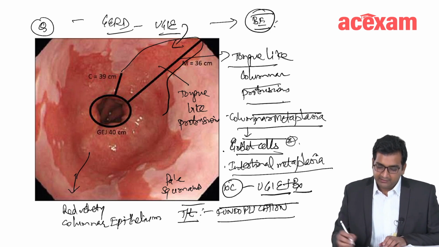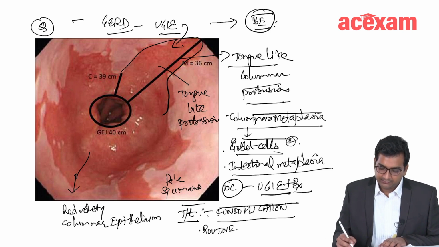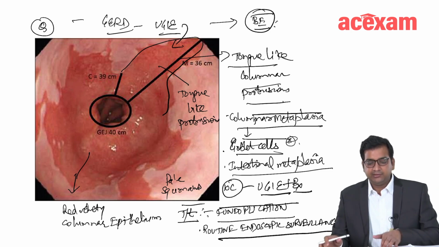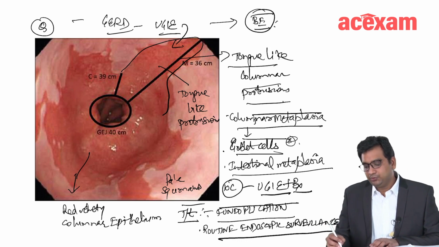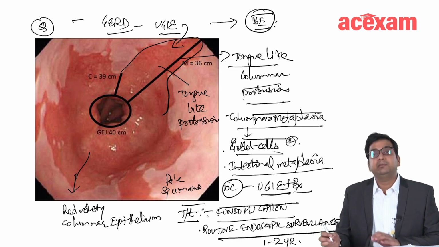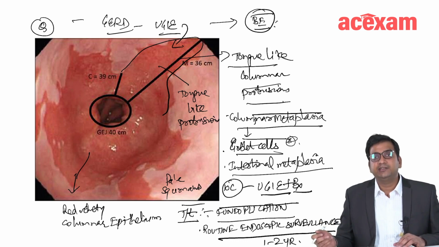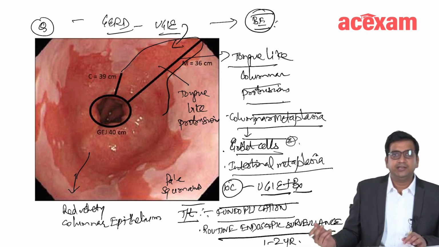Okay, and along with that, there will be routine endoscopic surveillance, which is done every 1 to 2 years. Why? To rule out dysplasia. Why? Because it is a pre-malignant condition and it leads to development of esophageal adenocarcinomas.